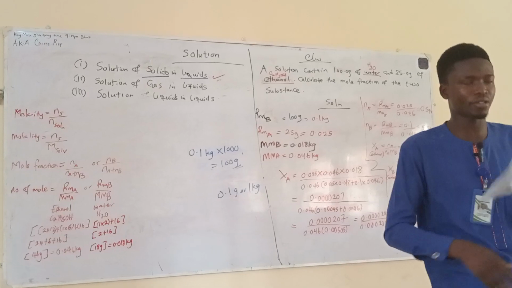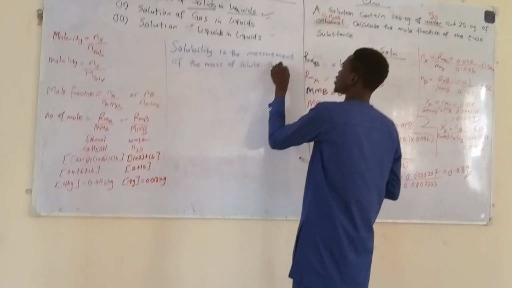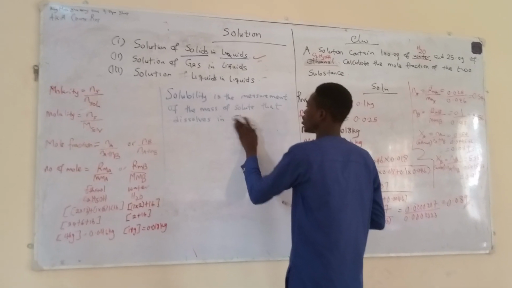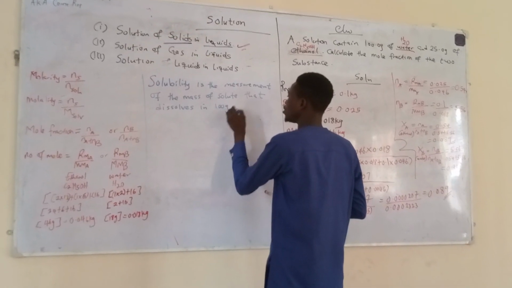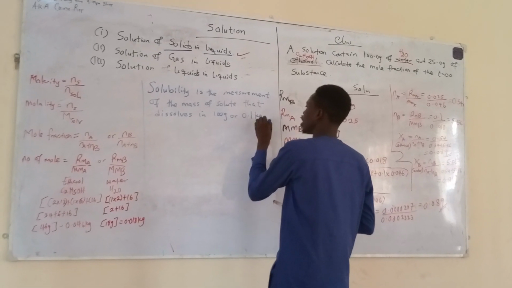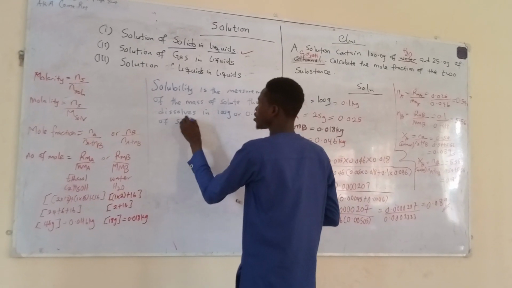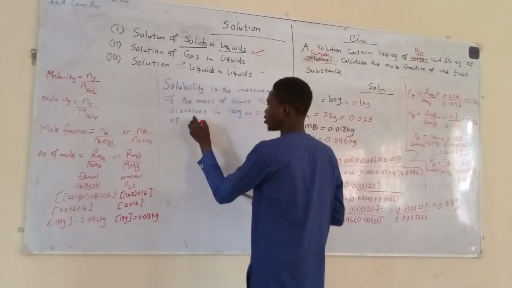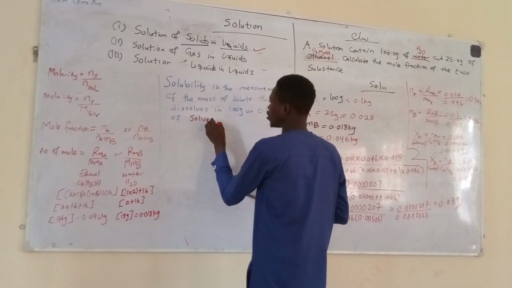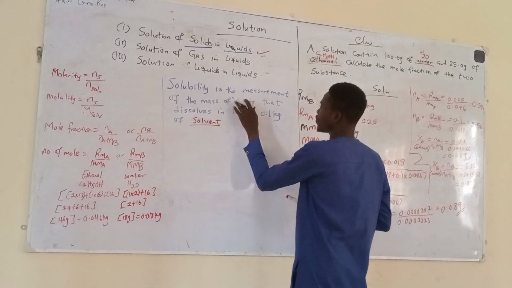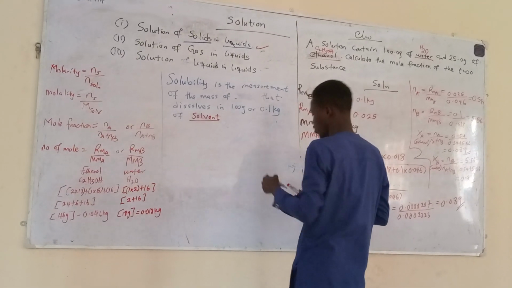Yeah, let's write solubility. That dissolves in 100 gram or 0.1 kilogram of solvent to give a saturated solution.